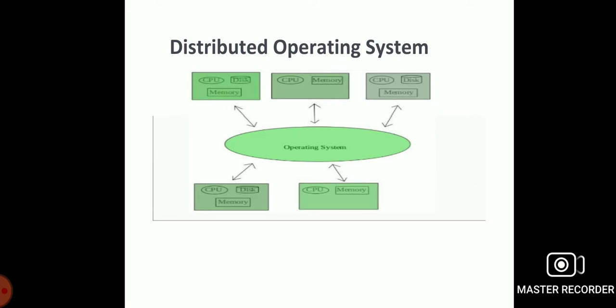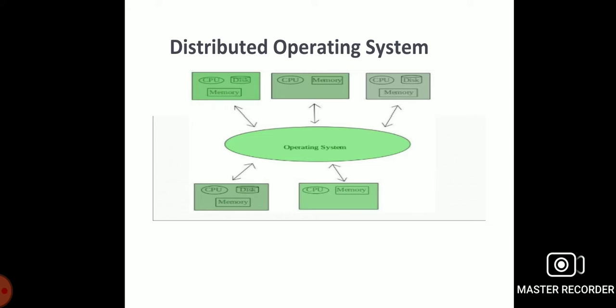Next one, the distributed operating system. In this system, we differentiate the different modules across different processing units, different external processing units. So we have to see this picture. The operating system is cumulative across the different embedded environmental systems.